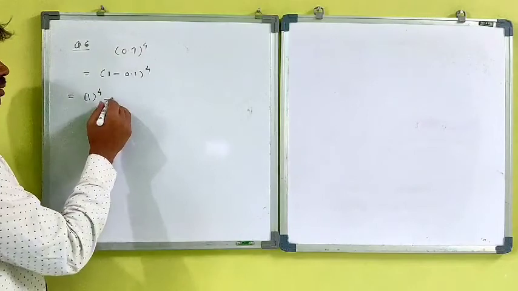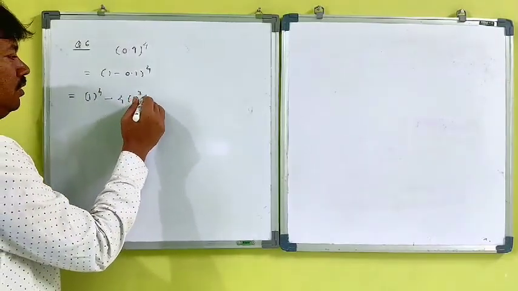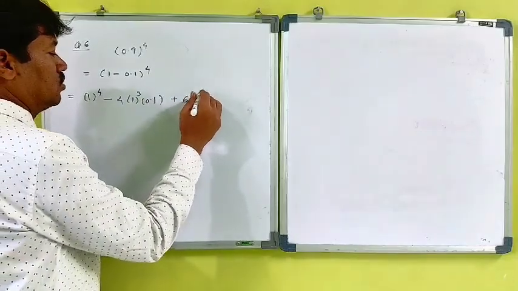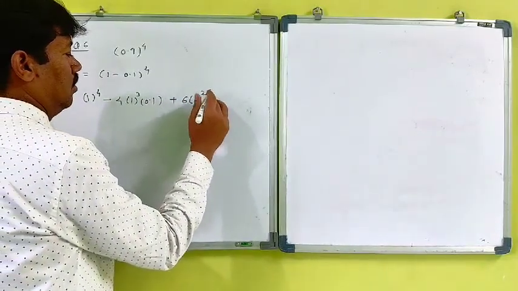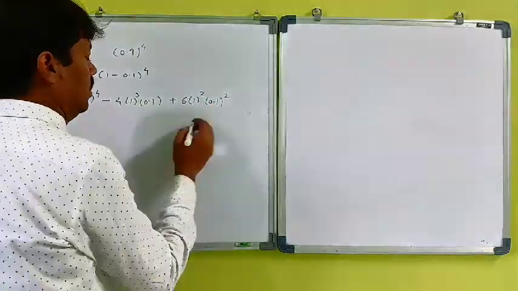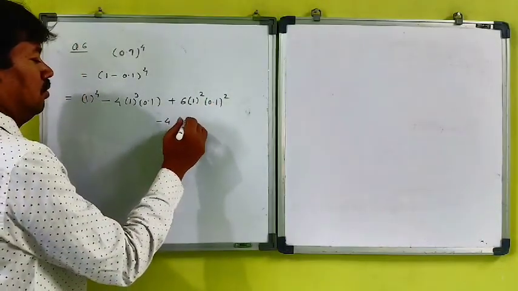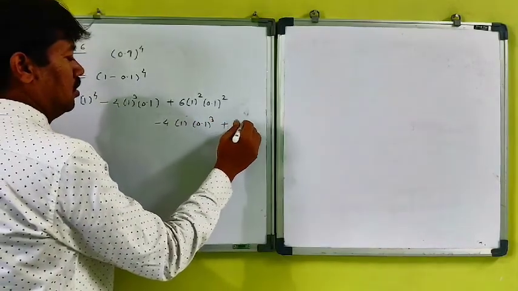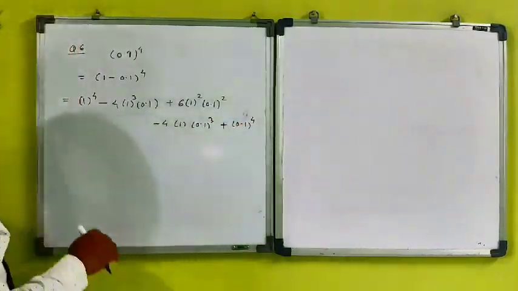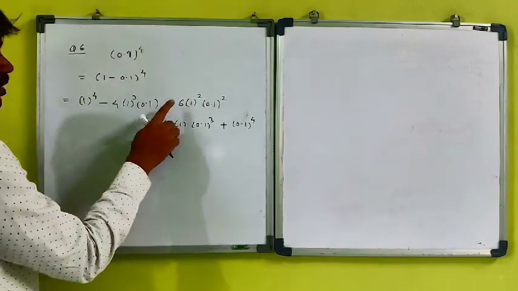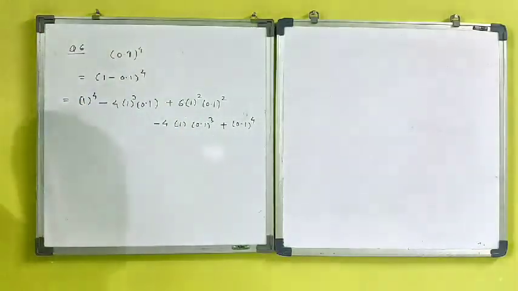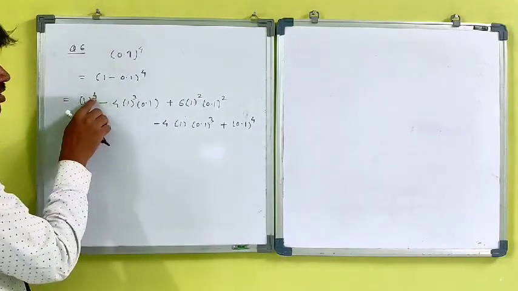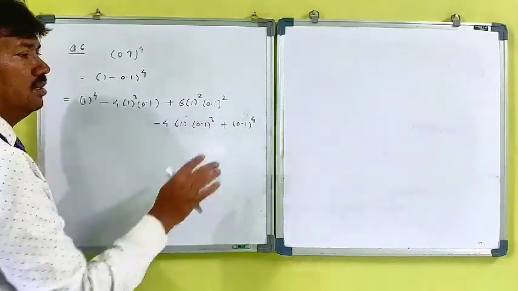So next is minus 4, 1 cube, 0.1, plus 6, 1 square, 0.1 square, then minus 4, 1, 0.1 cube, plus 0.1 raised to 4. Because of minus, plus, minus, plus, that is there. The power of 1 goes on decreasing, 4, 3, 2, 1 and then 0.